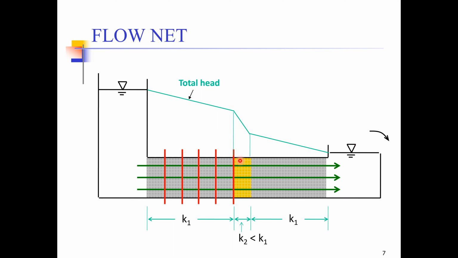And in order to keep the principle of equipotential lines, the equipotential lines will become closer in this zone. What it means is that whatever was the head loss in this space, the same head loss was observed in a smaller space over here. So this is the property of equipotential lines. And then when we are in the second zone, the equipotential lines would again have the same spacing as the first soil layer because both of them have the same permeability.